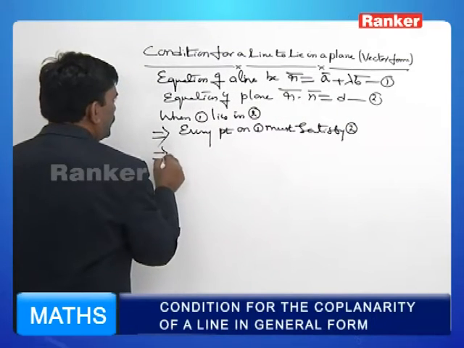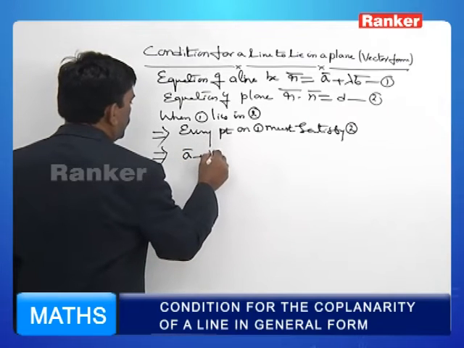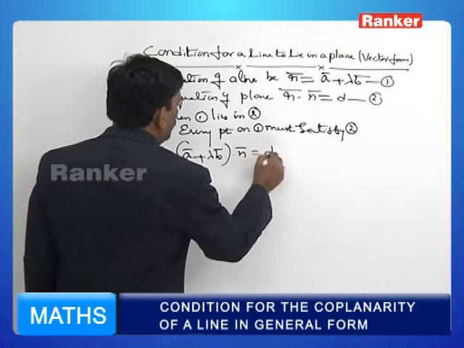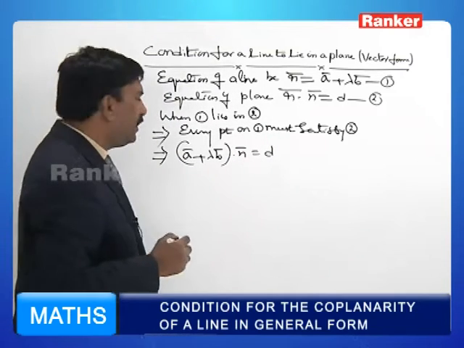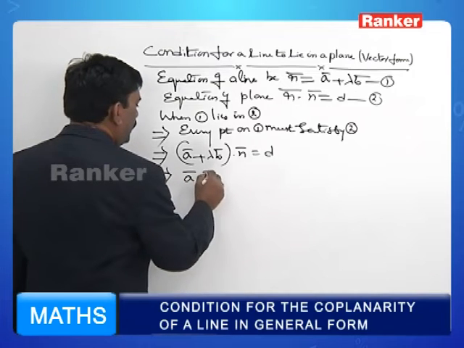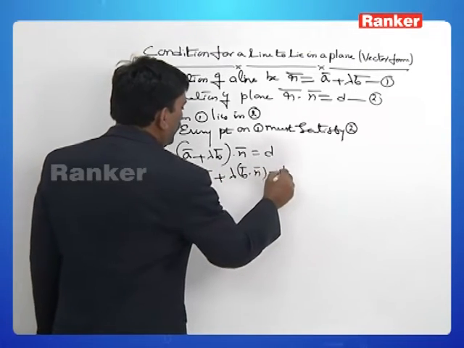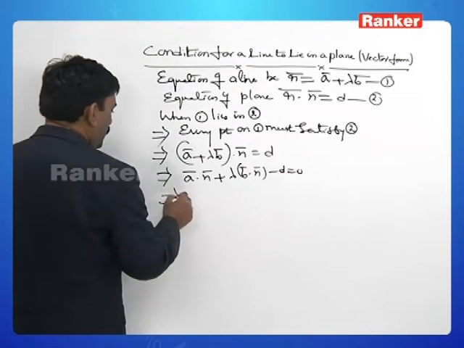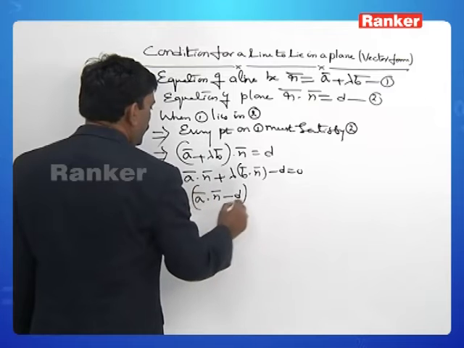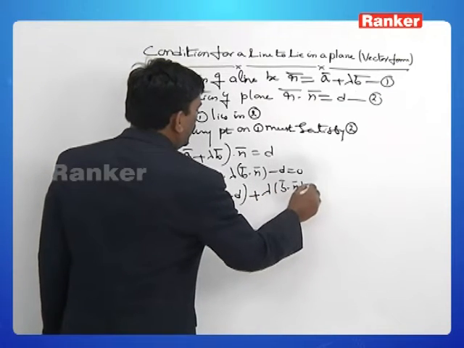Therefore, which implies a bar plus lambda b bar dot n bar is equal to d. d is a scalar. Therefore, I can write a bar dot n bar plus lambda into b bar dot n bar minus d is equal to 0. I can write a bar dot n bar minus d plus lambda into b bar dot n bar is equal to 0.